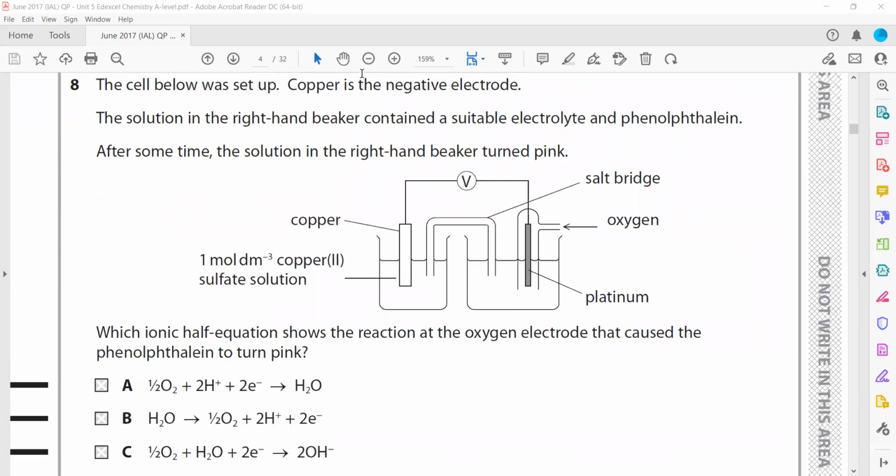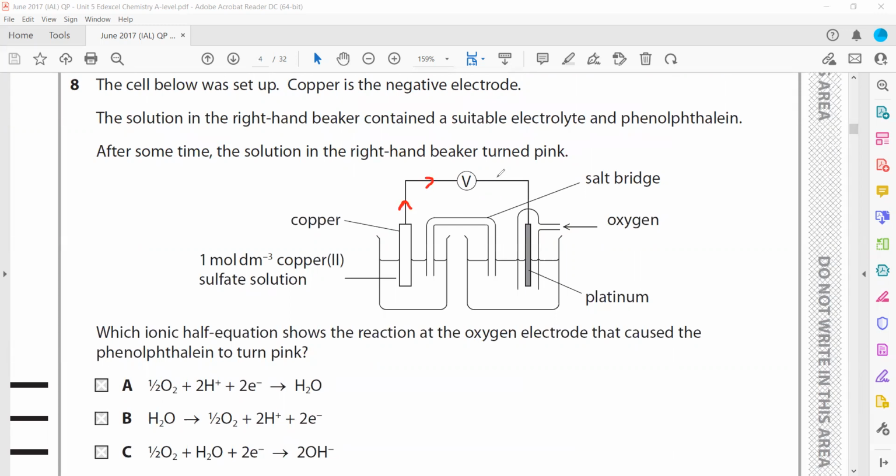Then the cell was set up with copper as a negative electrode. If copper is the negative electrode, it means copper is more reactive, or copper loses electrons.